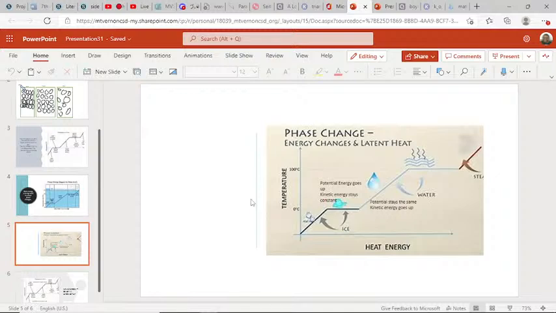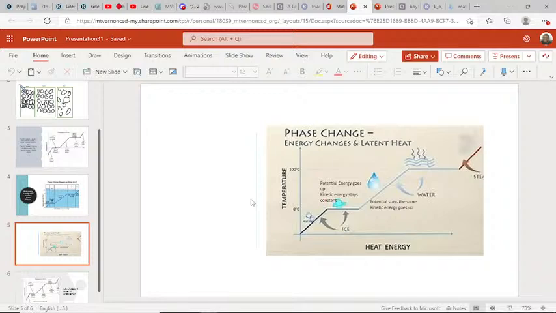There's potential energy in there because when I use a lighter and light it up, it starts to burn. That's a form of energy. Let's say I have a ball. I'm holding it. There's potential energy. As soon as I drop it, it turns into kinetic energy.